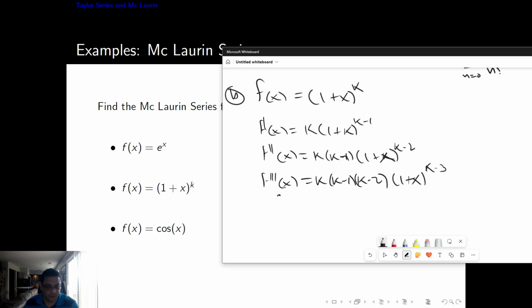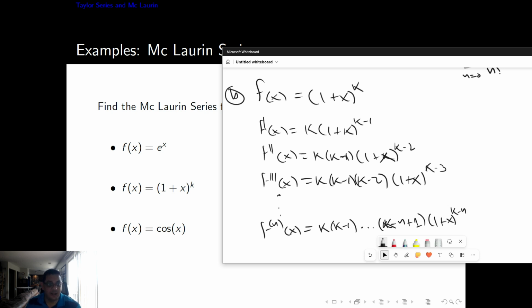So if we continue going here, we can see that the nth derivative is just going to be the multiplication of k, k minus 1, up to, and because we're doing n derivatives, k minus n plus 1, times (1 plus x) to the k minus n.